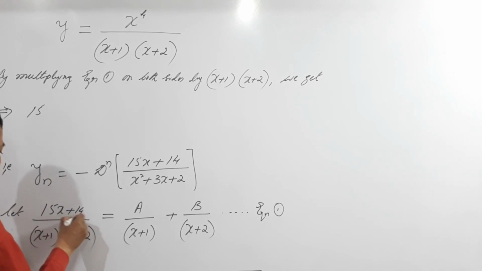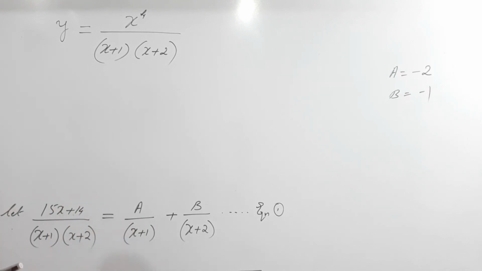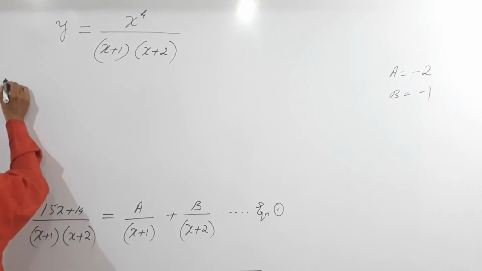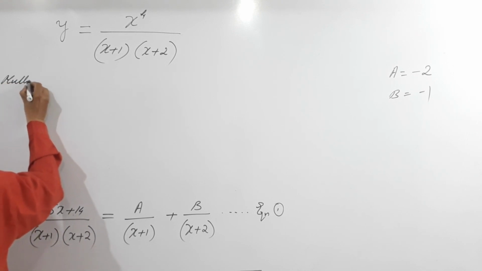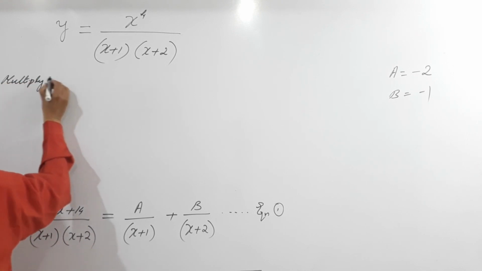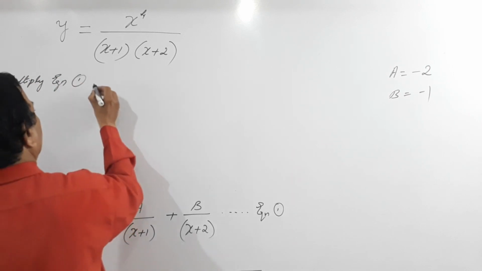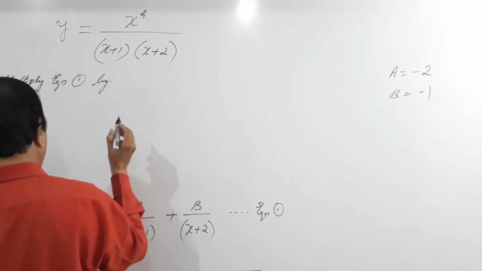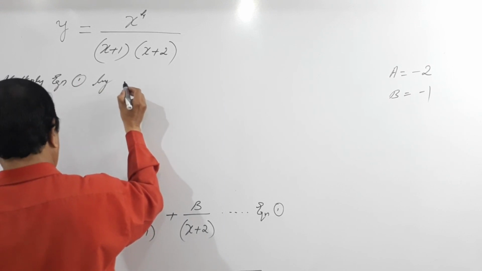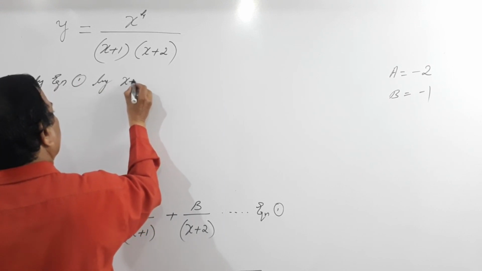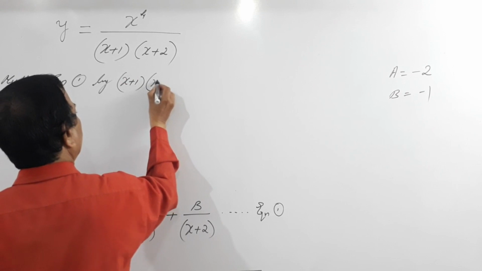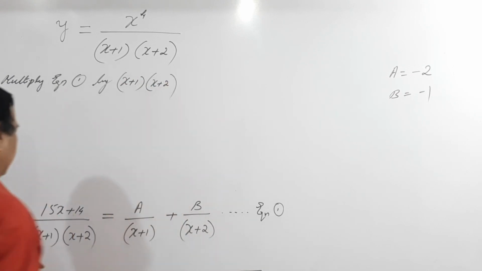So multiply equation 1 by (x + 1)(x + 2).